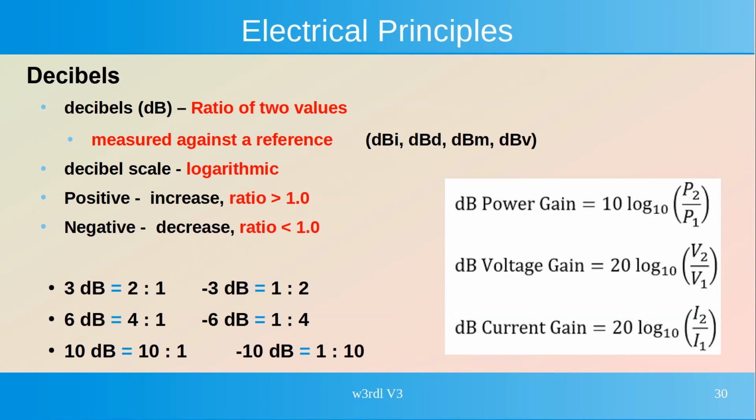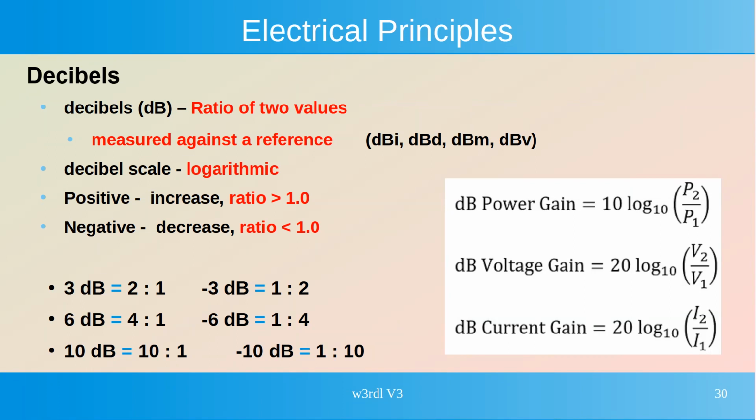And we represent that as a small d and a capital B because it represents Alexander Graham Bell's name, Bell. So these are what we call decibels. They're smaller than bells.